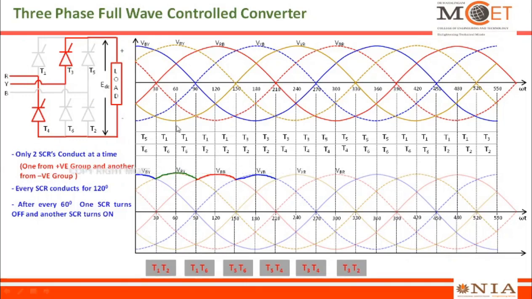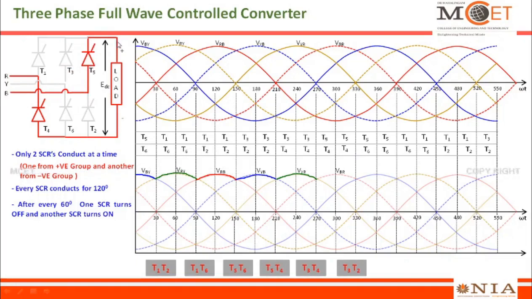So Vyr will be the load voltage, that is, this voltage will be appearing across the load. This is what will appear across the load. And now from 270 to 330, T5 and T4 are conducting. So when T5 and T4 are conducting, let us see what is happening to the load voltage.